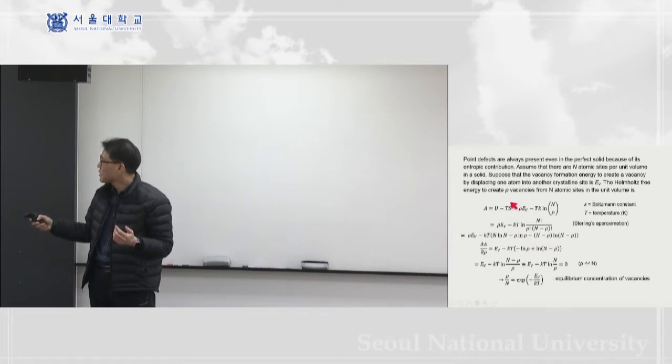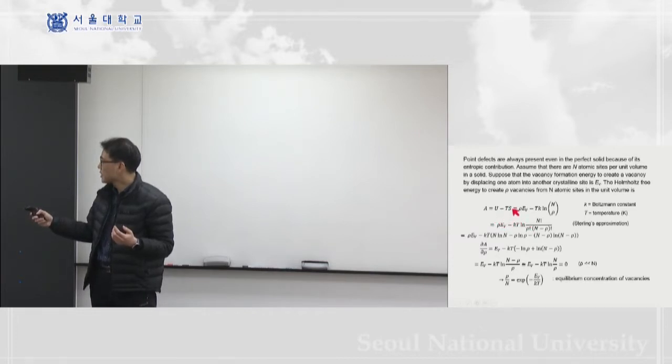All right. So the Helmholtz free energy in this case, to create rho vacancies from the n atomic sites in the unit volume. So n is the number of atomic sites in the unit volume, and rho is the number of vacancies you want to create in the unit volume. So this free energy, U minus TS.